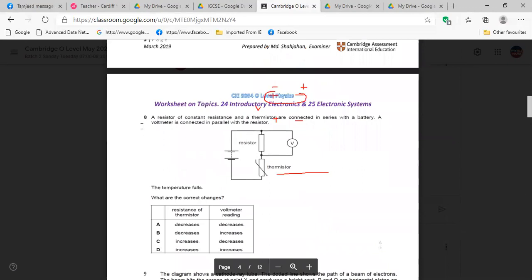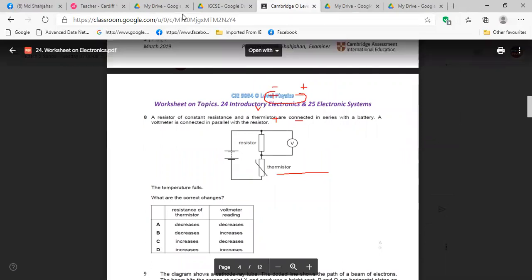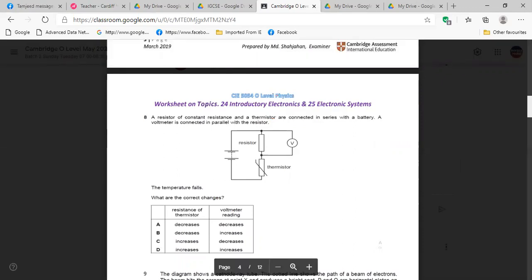Already you got the idea about the potential divider, so you can do it. You know about thermistor, right? Try it. Read the question. Temperature falls. That means resistance increases.